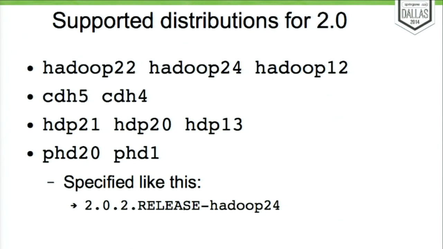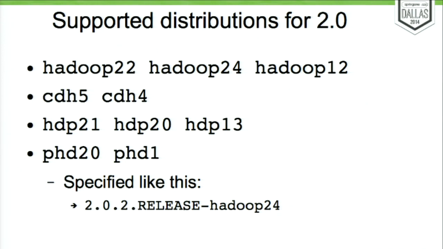Like here, we specify Hadoop 2.4 as the flavor for this release. So there's a plain one, which is the default Hadoop 2.2. And then we have Hadoop 2.4 for 2.4.1. And if you want the older Hadoop 1.2.1 version, you would have to specify Hadoop 1.2.